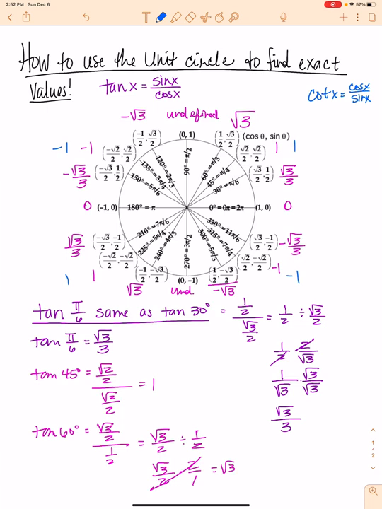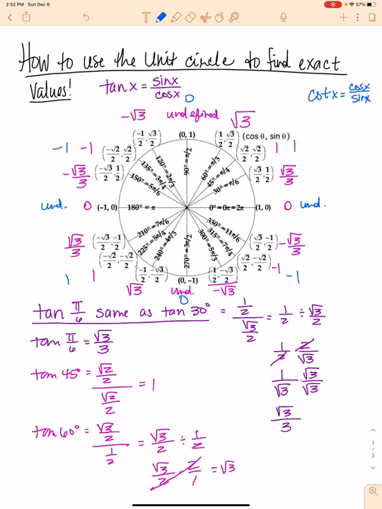But now, in this position right here, cosine over sine, these are going to flip. So instead of being undefined here, cotangent is 0, and down here it's also 0, and now out here will be undefined for cotangent.